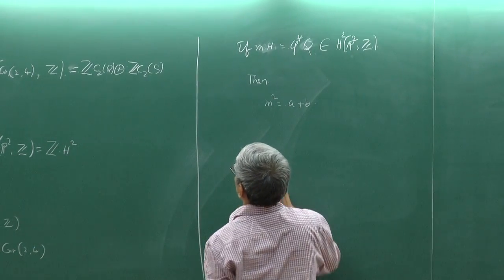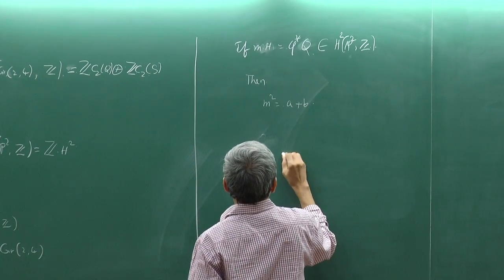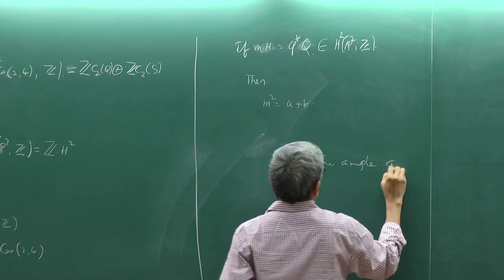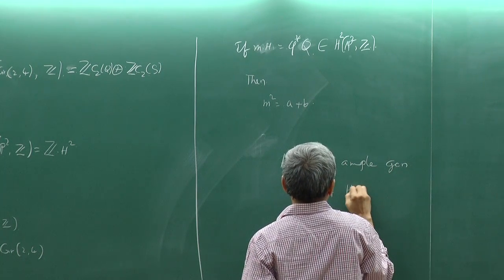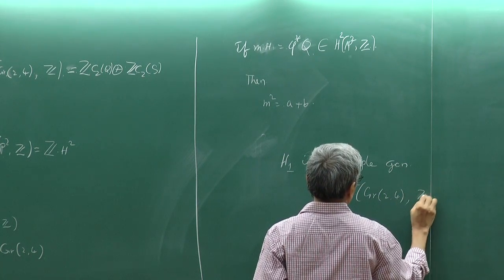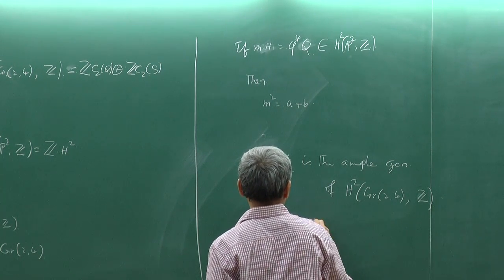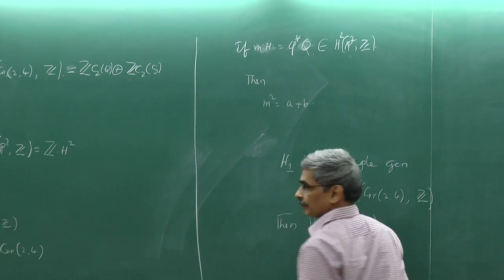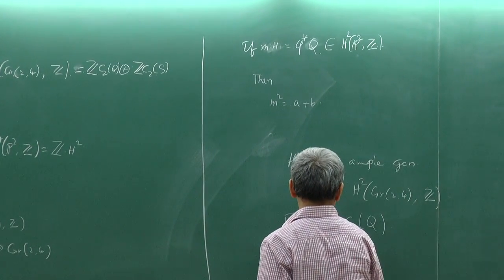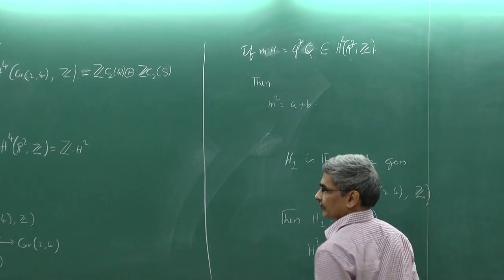Because in the cohomology ring of the Grassmannian, if I take the ample generator H1 of H2 of GR24 Z, then H1 is actually C1 of Q, and it satisfies H1 squared is equal to C1 of C2 of Q plus C2 of S. So it satisfies this property.